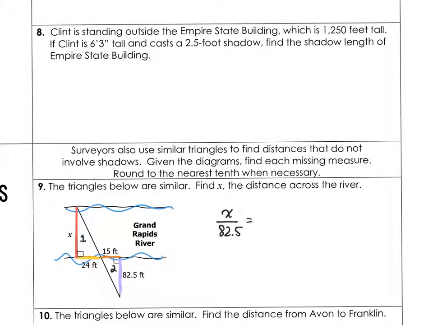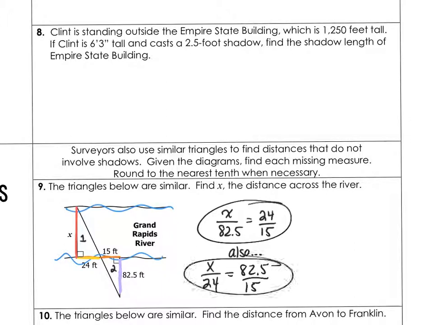Now we also could have done x is to 24 as 82.5 is to 15. So either of these 2 setups are accurate. As long as you're setting up things that correspond in a relationship when you set up that proportion.